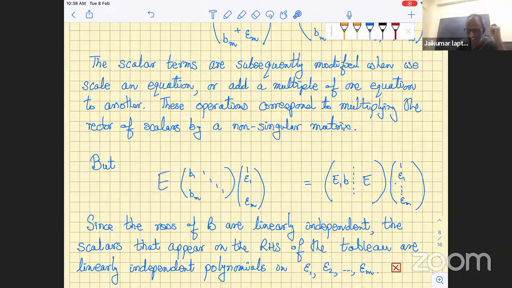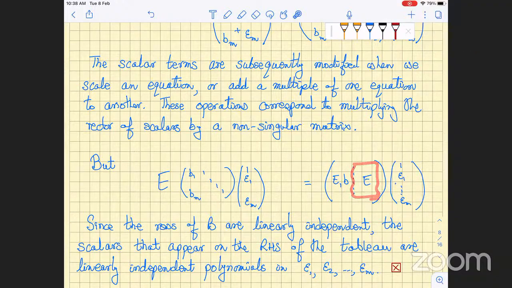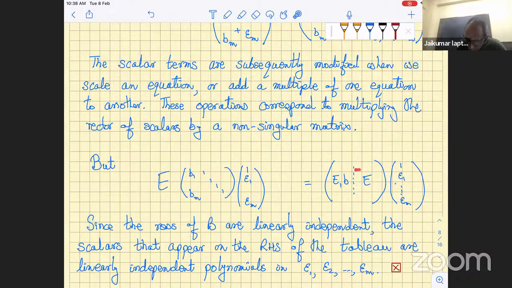No. Look at what happens in the end. So here was this vector of these abstract variables, and you have multiplied it with this matrix, right? So the coefficients that they will acquire will be precisely the same coefficients that E had there.